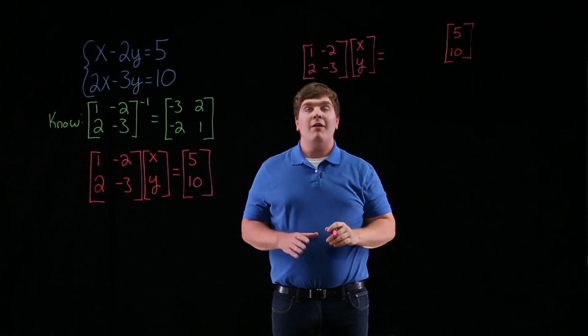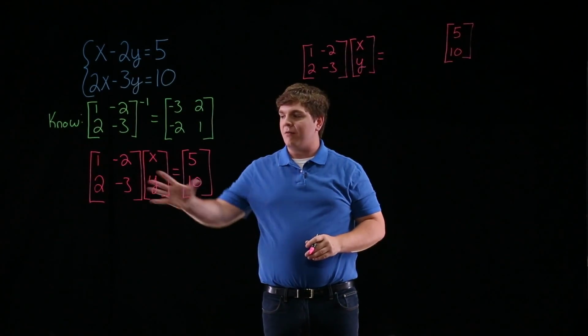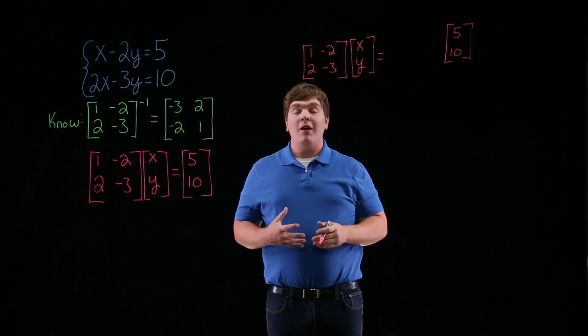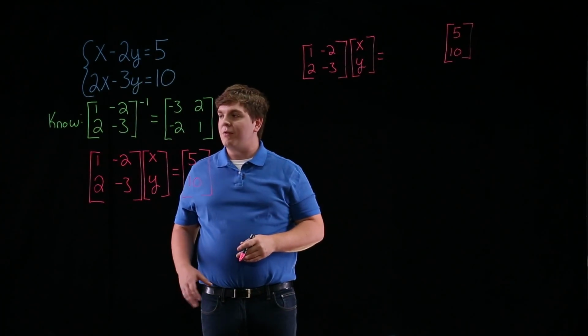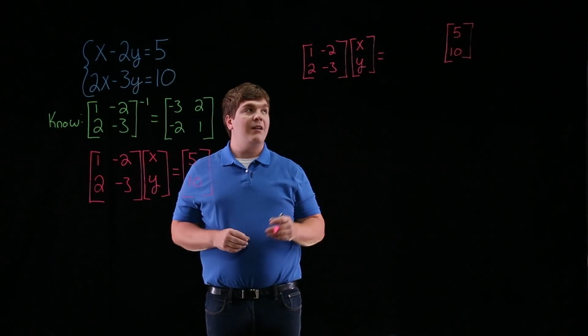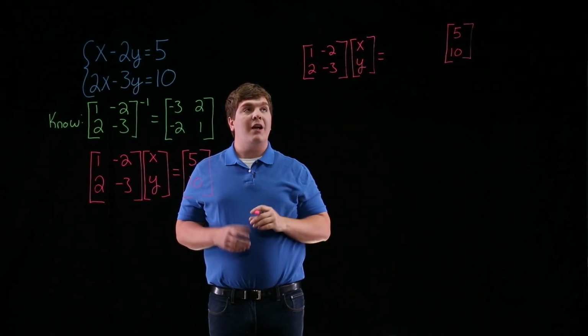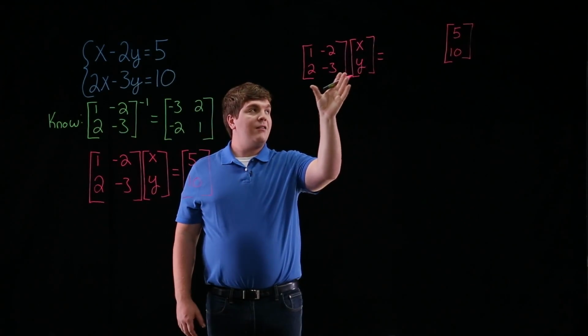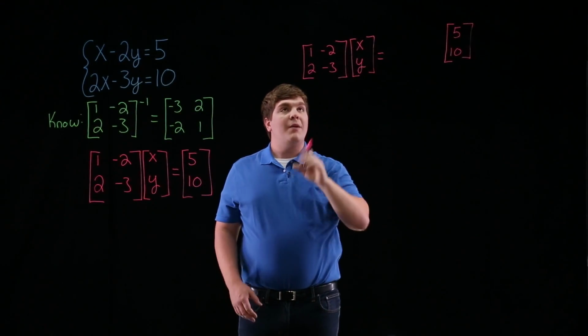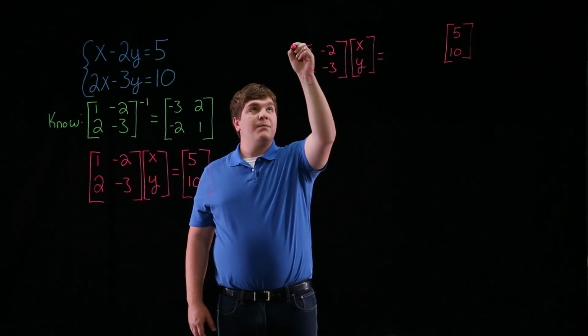Okay, so now I basically have copied this equation from here to here, but we want to use this fact here to solve for x and y. So what we can do is multiply on the left-hand side of each side of our equation by the inverse of this matrix.